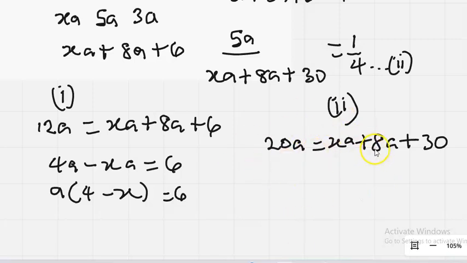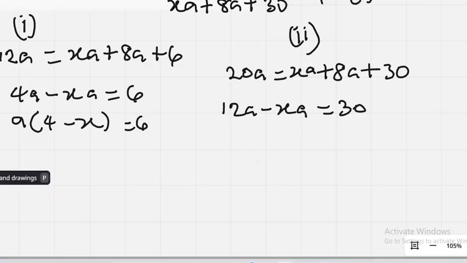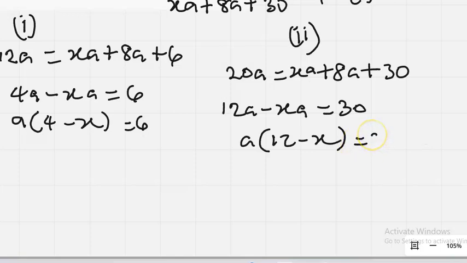If I collect like terms, this becomes 20A minus 8A, that is 12A, minus XA equals 30. Now I factorize A again because A is common to the terms. So I have A times (12 minus X) equals 30.